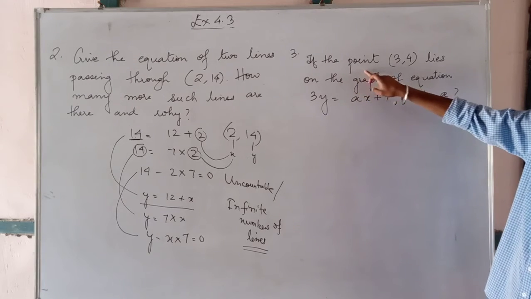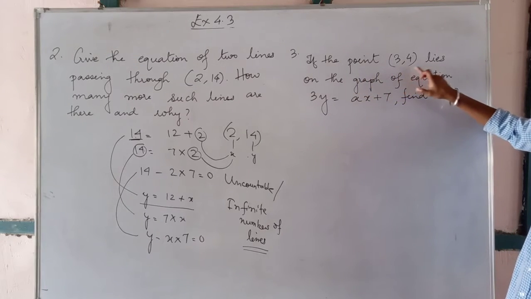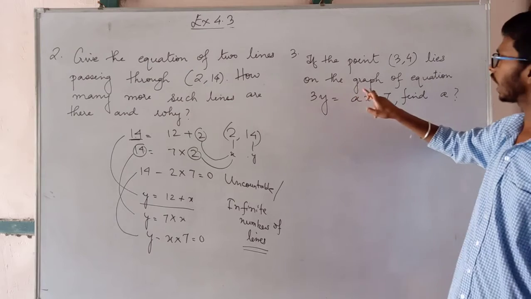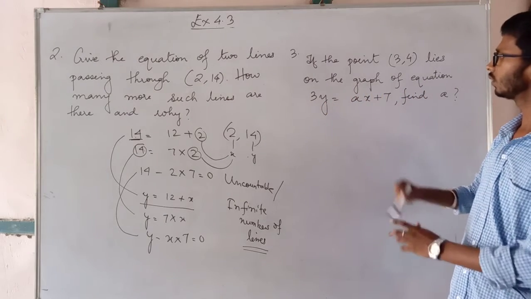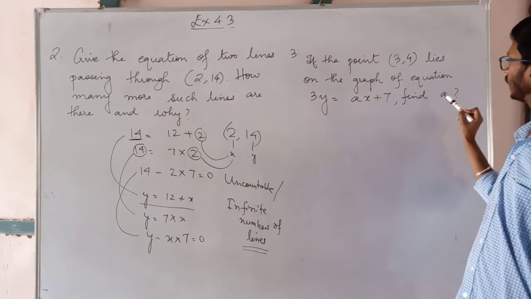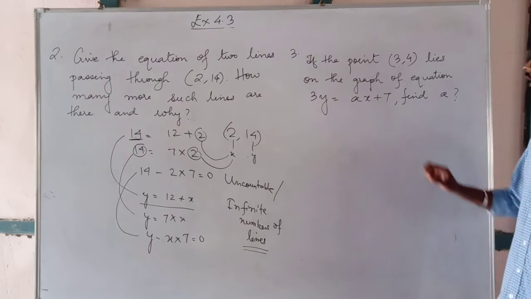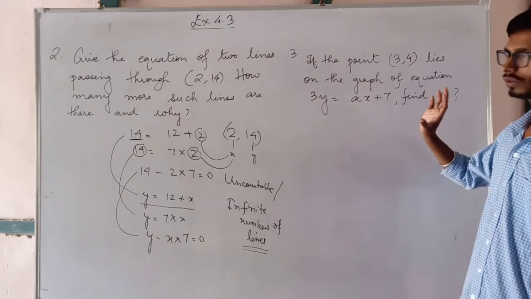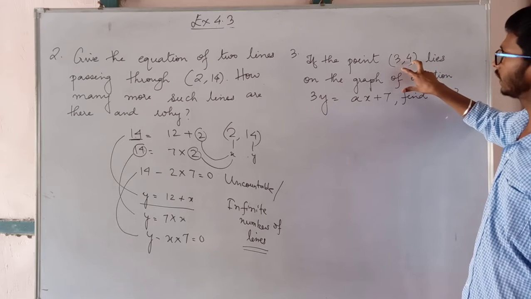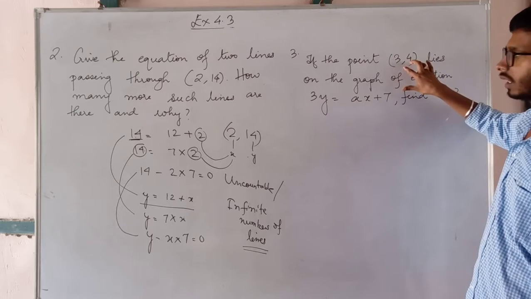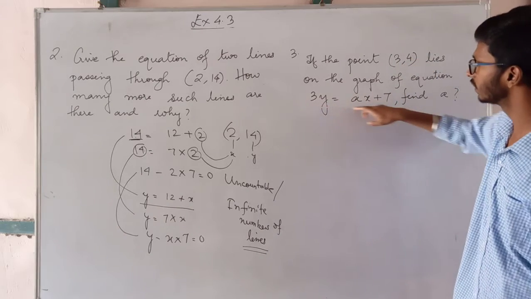If the point (3, 4) lies on the graph of the equation 3y = ax + 7, find the value of a. Now what is the question? The question is explaining that this coordinate (3, 4) lies on this line.